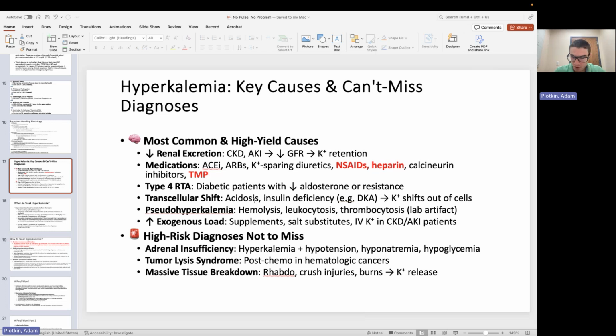Transcellular shifts. In acidosis, when the acid level builds up, we have a lot of these potassium H+ exchangers all throughout our body, especially in the kidney. When the H+ builds up, our body senses that increased H+ and tries to drive it into cells. H+ is positively charged, potassium is positively charged. So if we're driving H+ into the cells, your body is going to try to maintain electrical neutrality, and it's going to pump potassium outside, out into the extracellular space, which can cause elevated potassium.